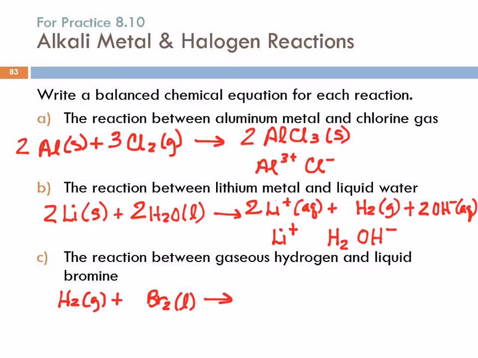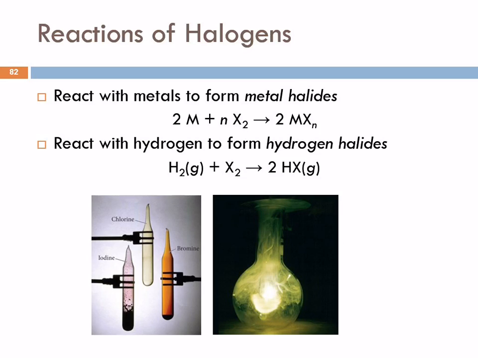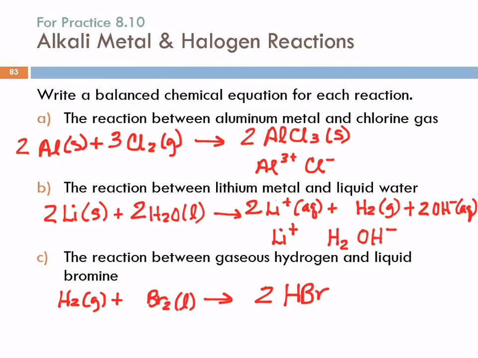Well, they're going to form HBr. And so that's going to be, we need a 2 here. I would not expect you to know the state of this, but I think it's going to be a gas. Questions?